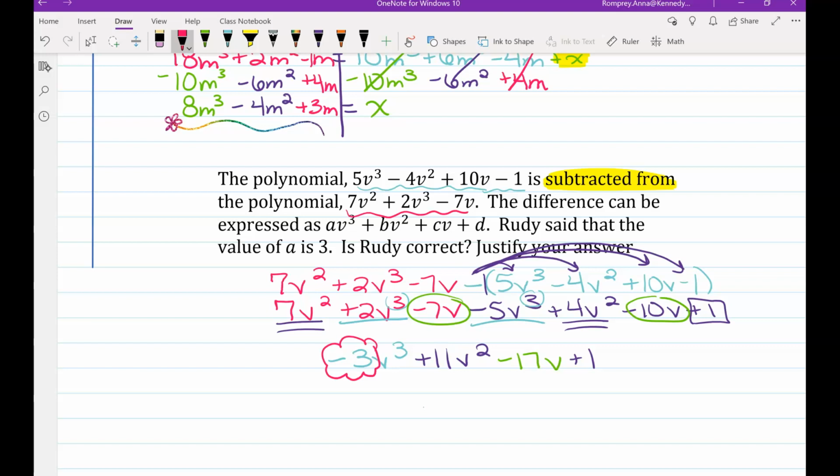Yeah, that's not good. Or maybe he subtracted this polynomial from this one. That would give us a positive 3. So, sorry, Rudy. Not correct. Rudy is wrong. Sorry, bud.